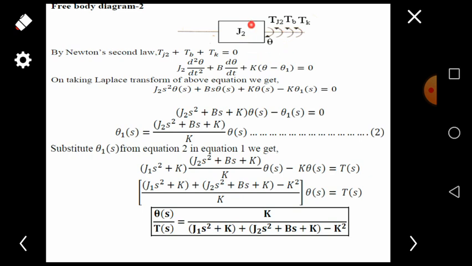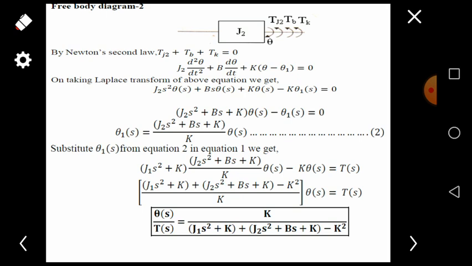Theta is the displacement. Here there is no applied torque, so we take the applied torque as 0, and the sum of actual torques is Tj2 plus Tb plus Tk equal 0.